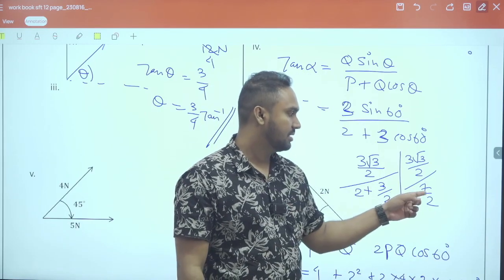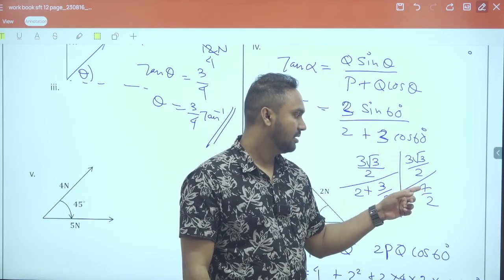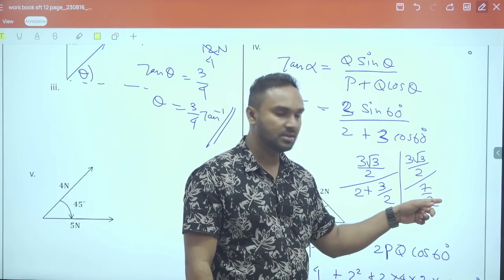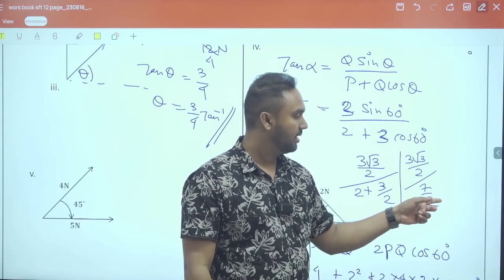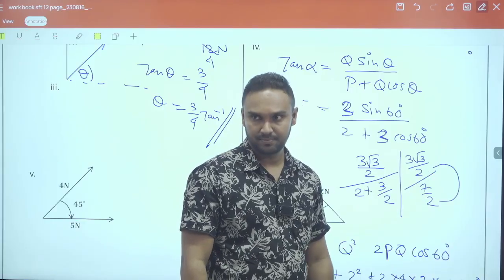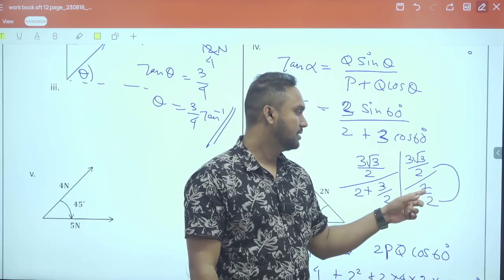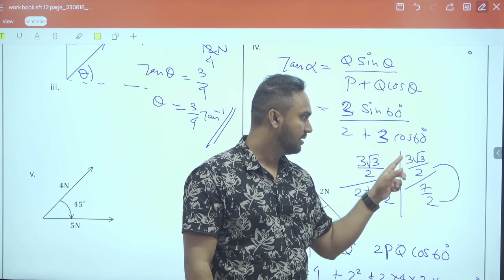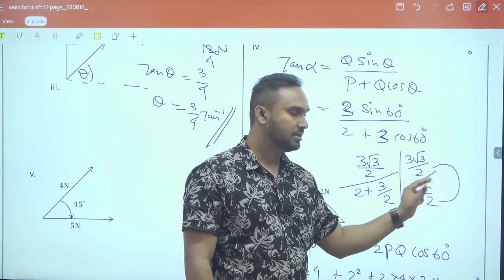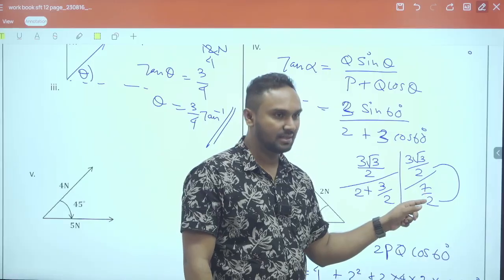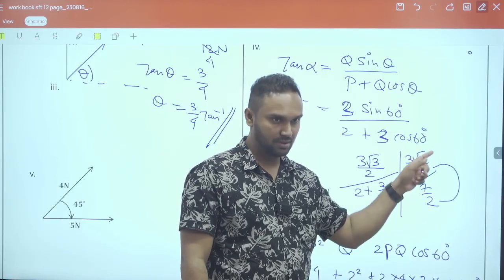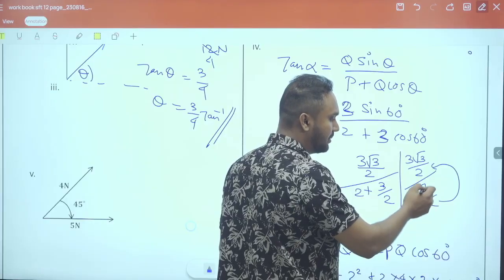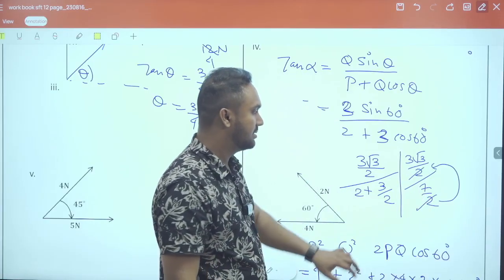Now there are two divisions here. Can you see that? 2 divided by 7 divided by 2. Now what happens to this 2? It should go up, like this, because these two are reciprocals. When this is divided by this, they should reciprocal. That means we simply take it as this goes up, so multiply. What happens? 2 to 2 cancels out.